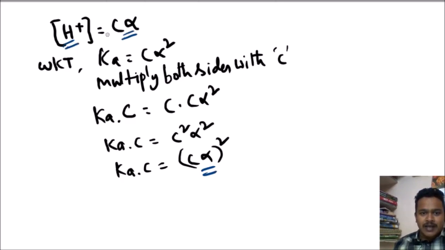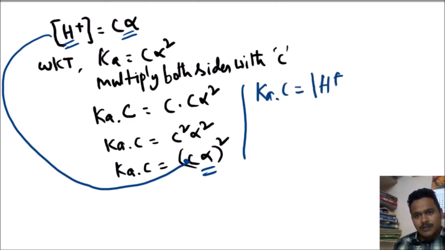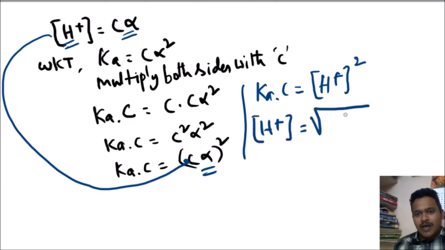So Ka into C is equal to H plus concentration square. If I want the H plus ion concentration, I take the square root of Ka into C. This is our other formula.